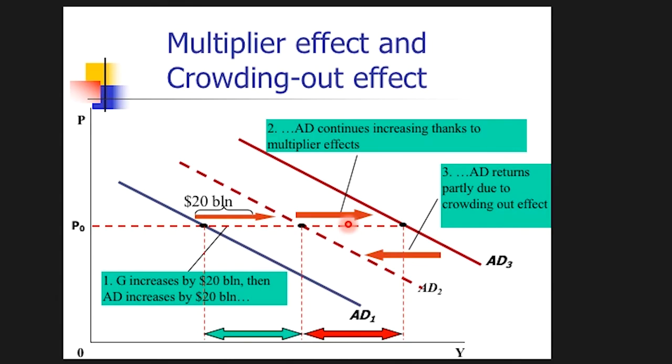But if the multiplier effect is smaller than the crowding out effect, the crowding out effect is so strong, and it will reduce AD more than this point, and even to this point or even lower, because the crowding out effect is too strong and much higher than the multiplier effect. So this is the result for fiscal policy.